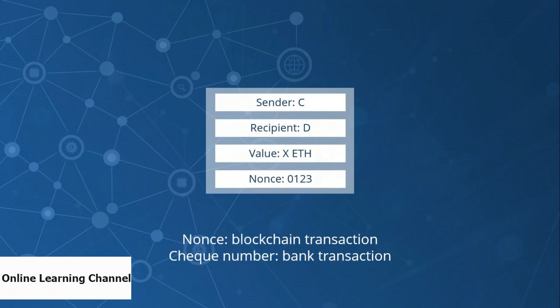The recipient is the equivalent of the check payee. The value being transferred is equivalent to the value being paid out in the check. And finally, the transaction nonce in a blockchain transaction is analogous to the check number in any check transaction with banks.